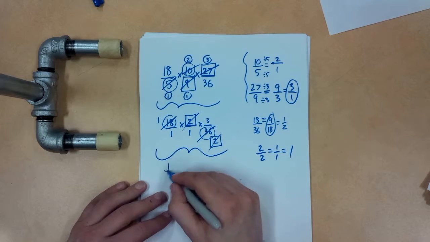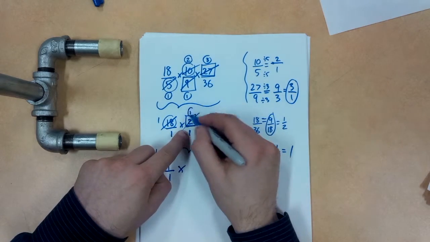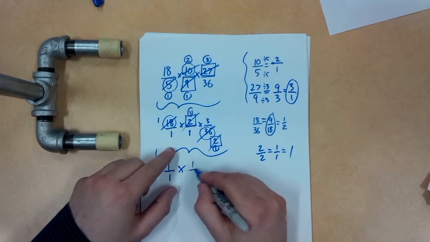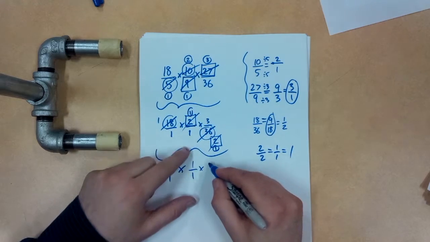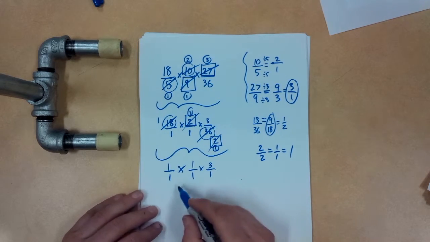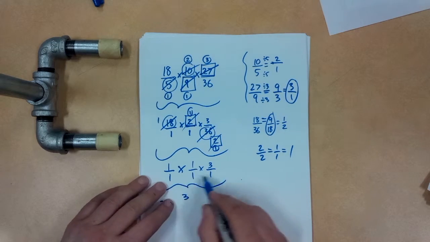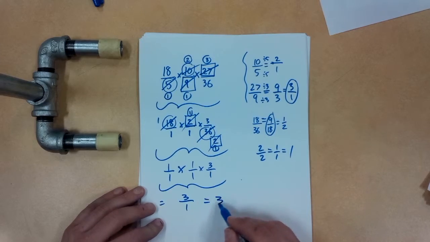It's getting really ugly, so I'm going to redo it here. 1 over 1 times 1 over 1 times 3 over 1. 1 times 1 times 3 is 3, and 1 times 1 times 1 is 1. Can you believe it?